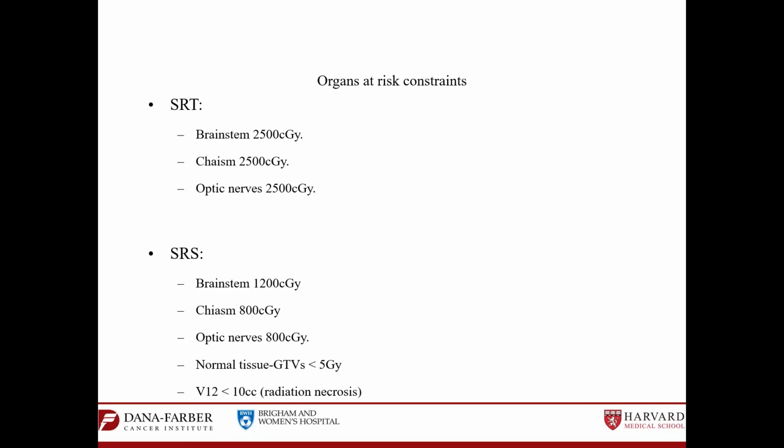No PRV. That's a good question. No PRV. It's just the organ itself. Because if you consider PRV, then your dose will be very high, because then you will consider your brainstem is bigger. So it's without PRV.